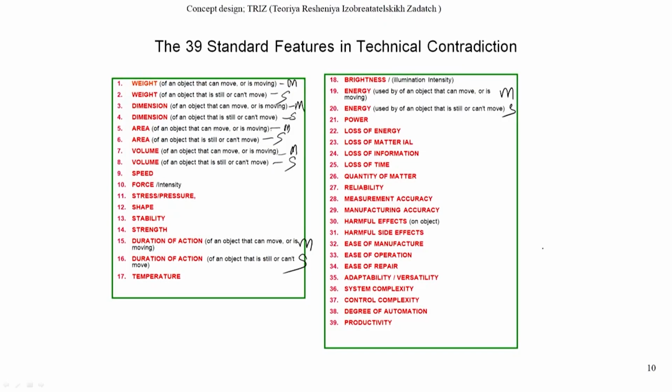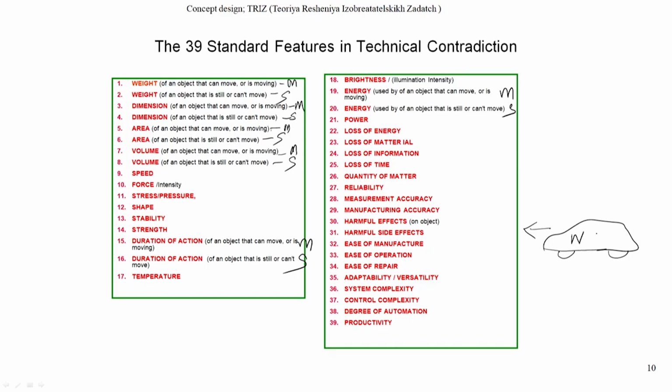For example, I will just tell you one example. Let us say I am thinking of a car. So, the car has some weight. Now, the weight of the car is one feature that, let us say, you want to improve.